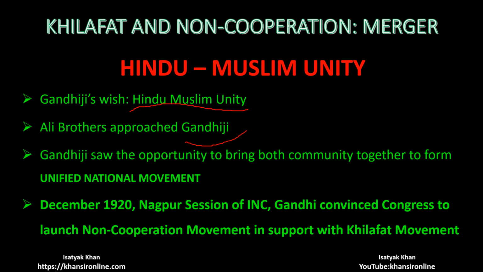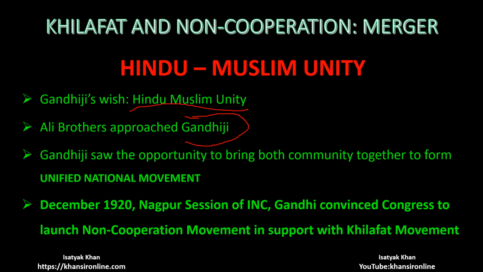If they joined Gandhiji's movement, Gandhiji's purpose would have been fulfilled. So the Ali brothers approached Gandhiji. Gandhiji accepted their proposal, and planned a combined, new movement, of which the Khilafat movement would be a part.